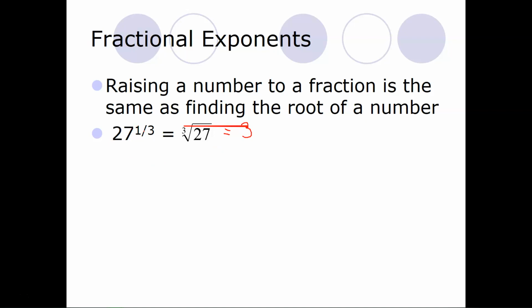Now, instead of the 1/3 root, what if I said I wanted to find the 2/3 of this? Then what you would do is find your cube root, which is equal to 3, and then you would have to square it to use that numerator. So your answer overall would be 9.